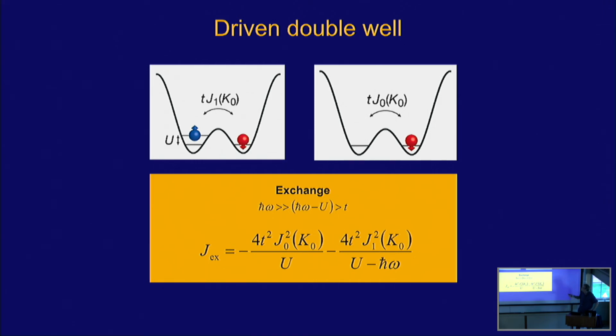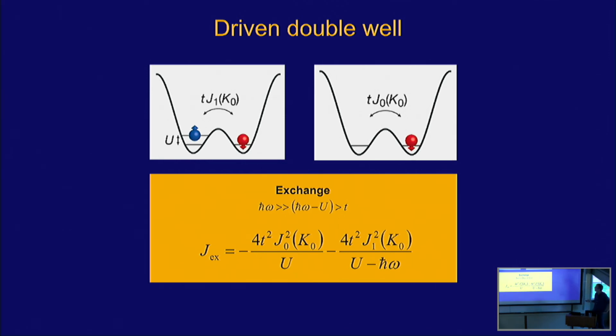And if you then calculate your exchange interaction, the energy difference between the singlet and triplet state, you can see that using a resonant drive, you can modify your exchange interaction.